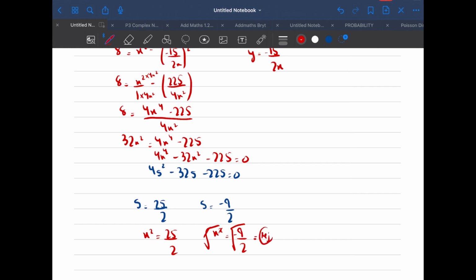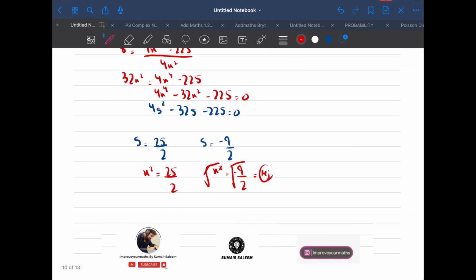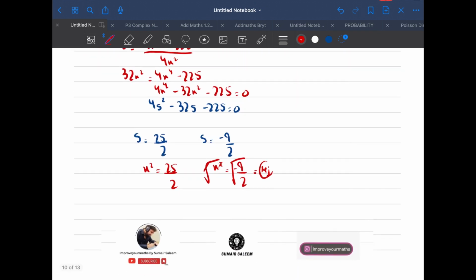But if you see at the top, x can't be a complex number. That's why this answer is rejected. Now, if I square root the other one, x is equal to plus minus 5 upon root 2.